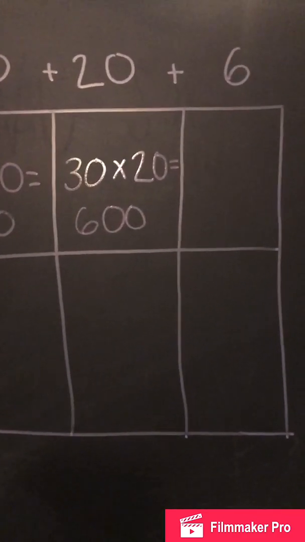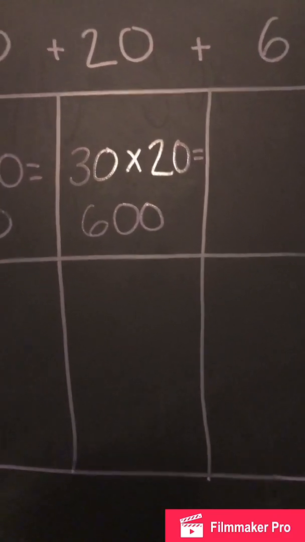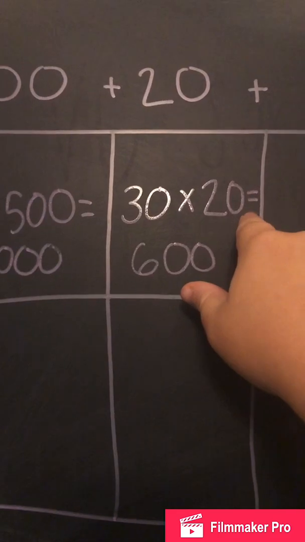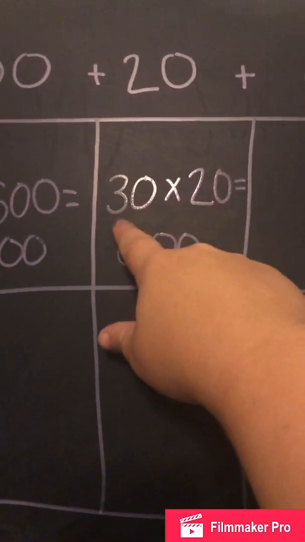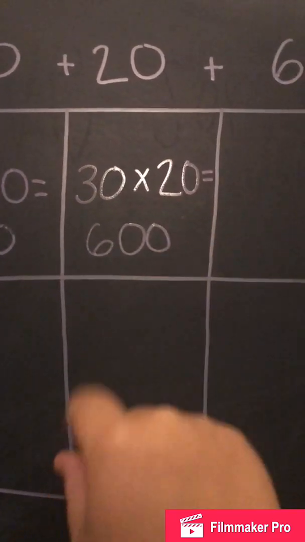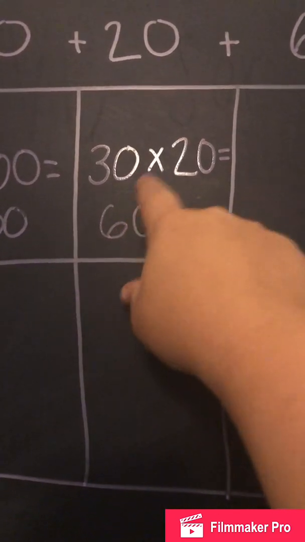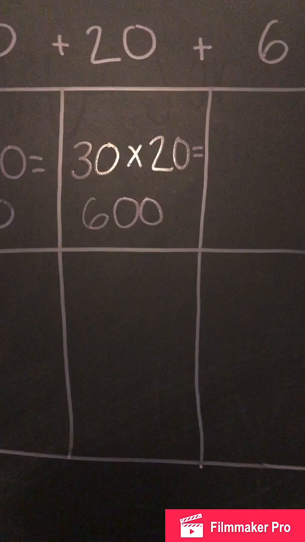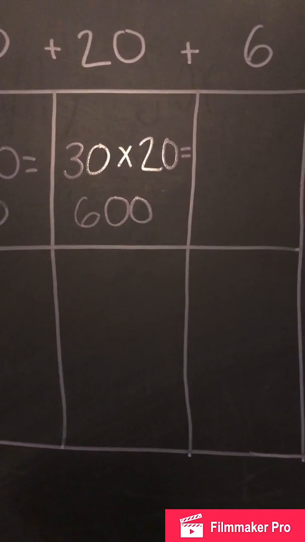Again, I used my zero trick to figure this out. I ignored the zeros in the problem, and I did 3 times 2. 3 times 2 is 6. Then I added these 2 zeros on the end. 30 times 20 equals 600.